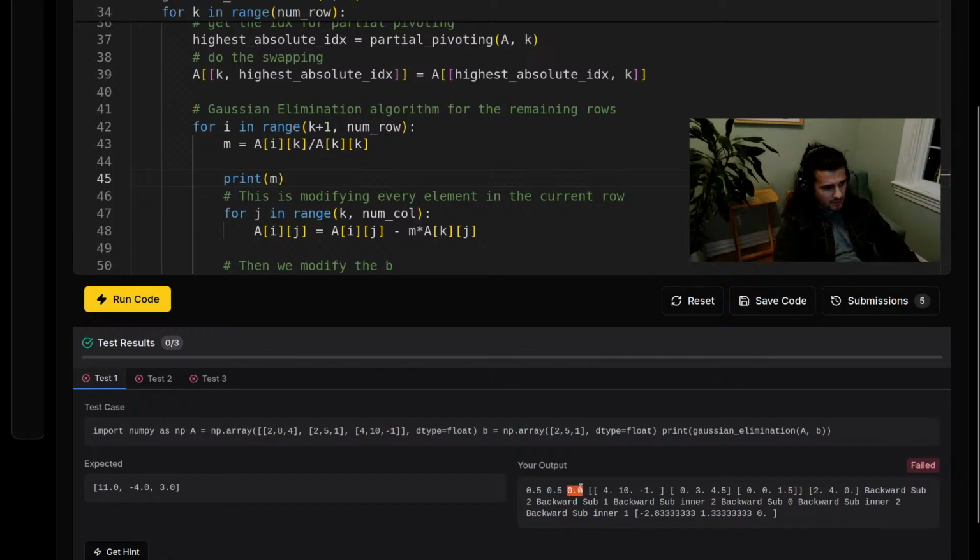We have a 0. Why do we have a 0? 0.5, 0.5, 0.0. Oh, wait. Okay, that might be it. For sure, if we have a 0.